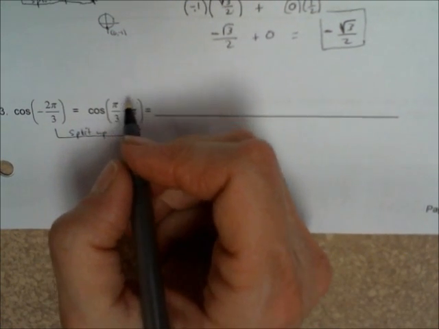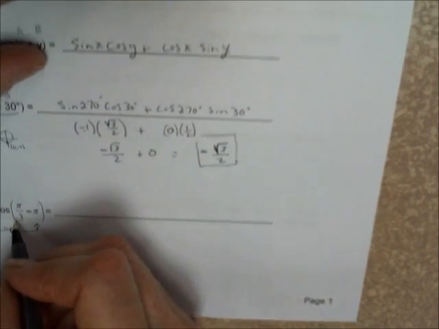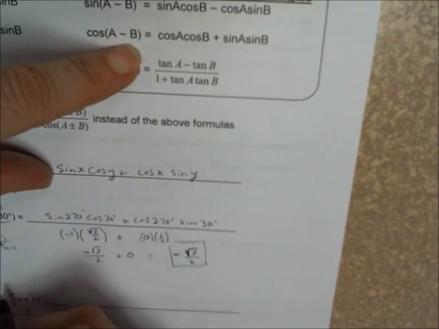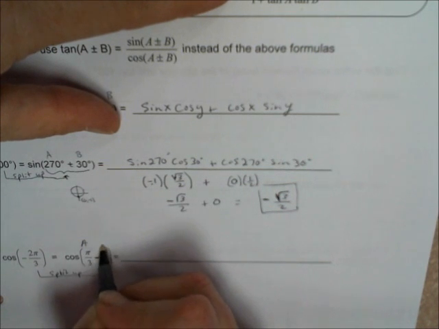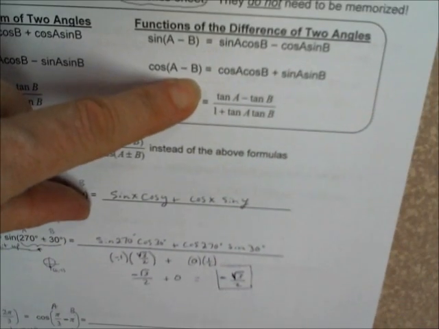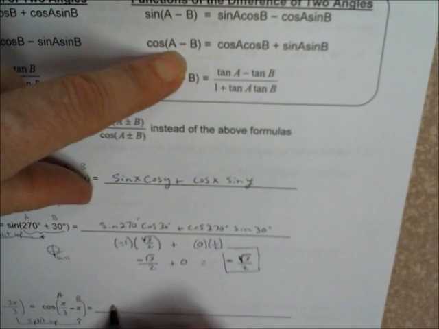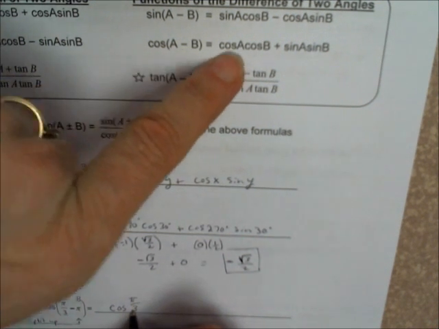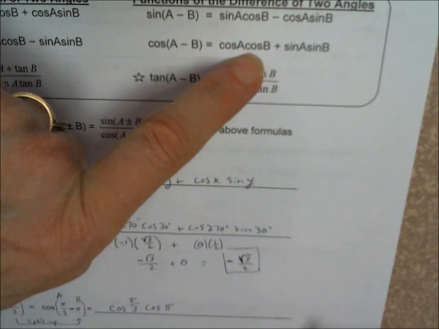So I'm going to go up to the cosine of the difference because this is a subtraction. So I'm going to go over to this formula right here, the cosine of a minus b, and the a value is going to be pi over 3 and the b value is going to be pi, and I just use this formula right here, and that says we're going to write down the cosine of a, which is pi over 3, times the cosine of b, which is pi, not negative pi, but just plain pi.